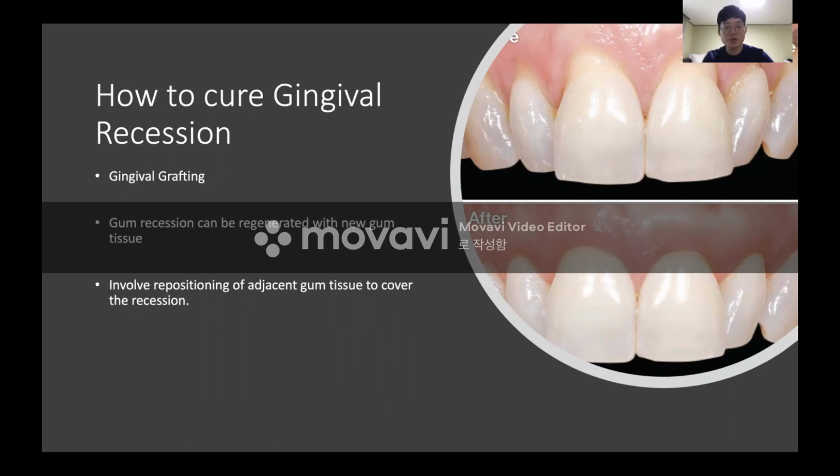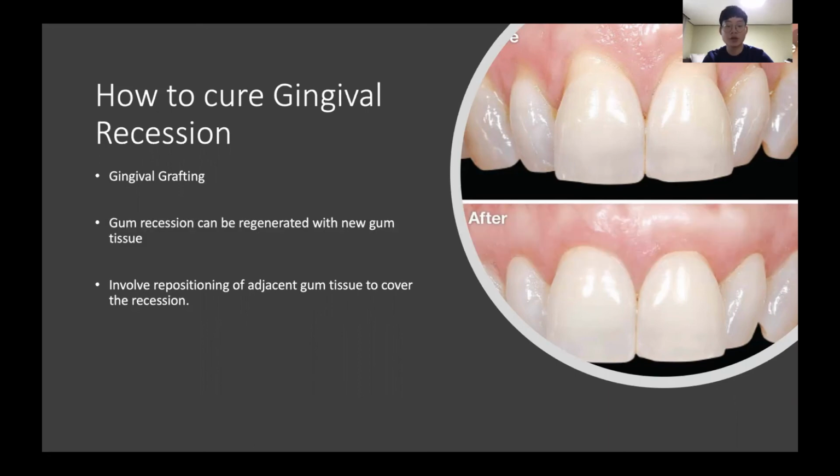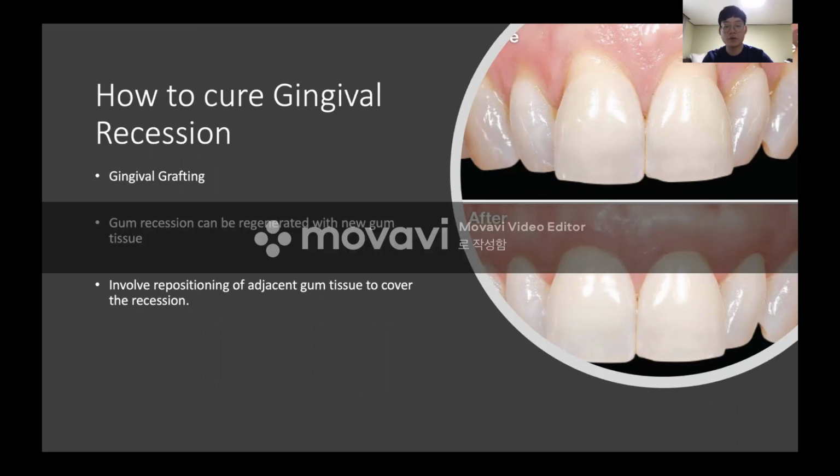These procedures are typically completed under local anesthesia with or without conscious sedation, and it may involve repositioning of adjacent gum tissue to cover the recession, or use of a free graft or gingival or connective tissue from the root of the mouth.